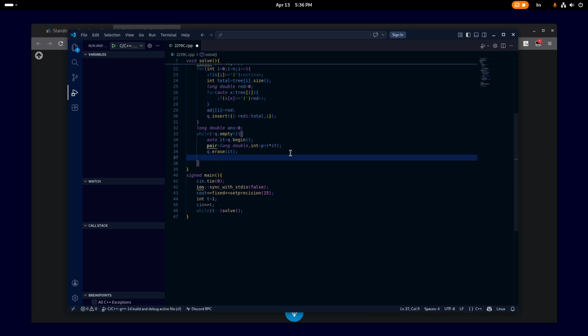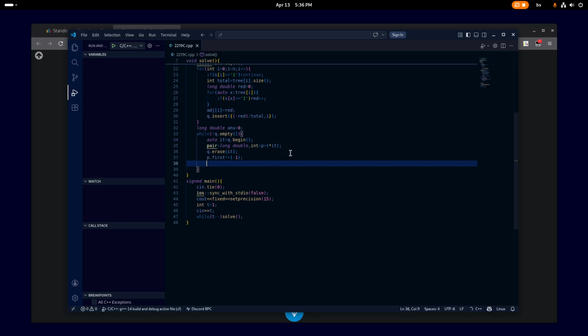Okay, and now I think every edge will be used at most once to update something.